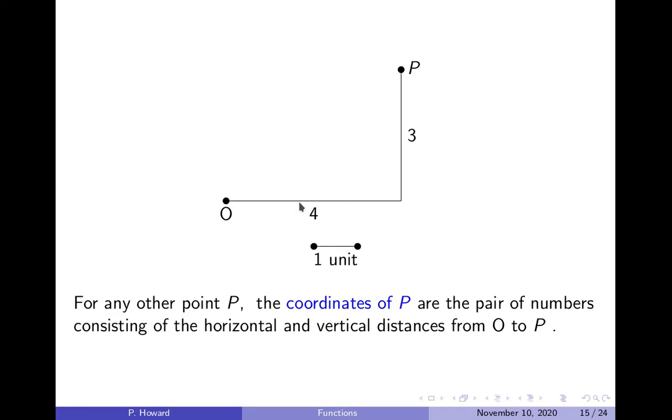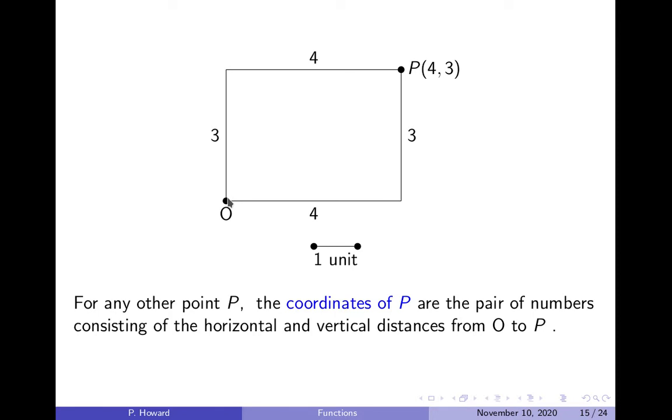You measure how far you have to go horizontally to get to P. That's 4 units in this picture. And then you measure how far you have to go vertically. That's 3 units in this picture. And those two numbers, that pair of numbers, 4, 3, are the coordinates of the point P. The horizontal and vertical distances of P from this point that we've chosen to be the origin.